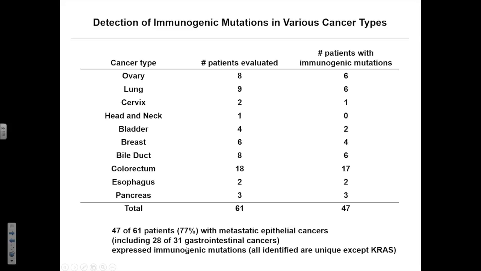We're especially concentrating now on the gastrointestinal cancers, the colon, rectum, stomach, esophagus, pancreas, and 28 of 31 of those gastrointestinal cancers had T cells that recognize unique mutations. And every one of them is unique with the exception of this KRAS mutation.